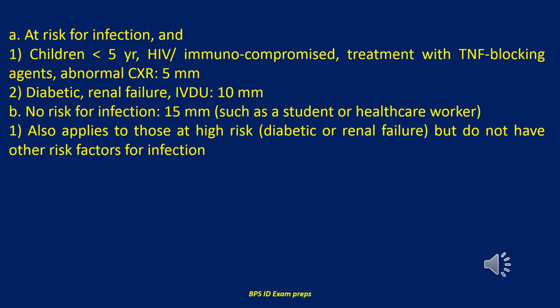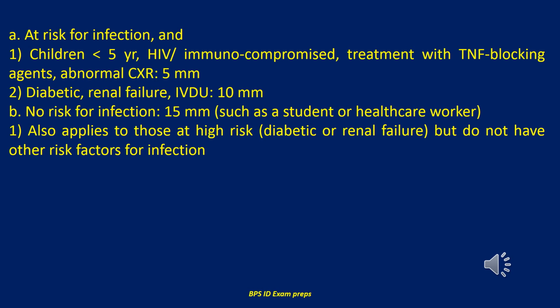Diabetic, renal failure, IVDU: 10 mm in size. Individuals with no risk for infection, such as a student or healthcare worker: 15 mm in size. This also applies to those at high risk, diabetic or renal failure, but who do not have other risk factors for infection.